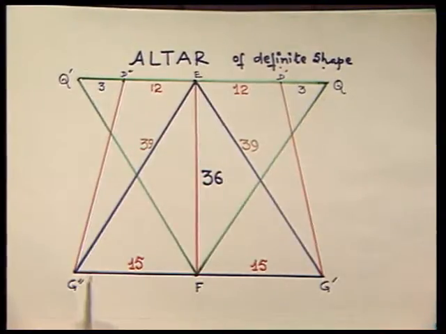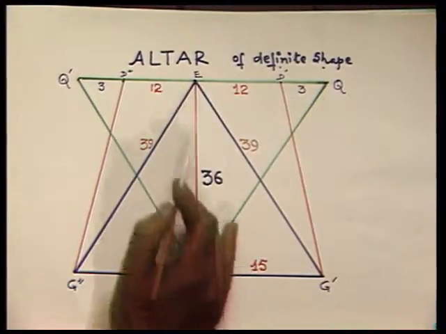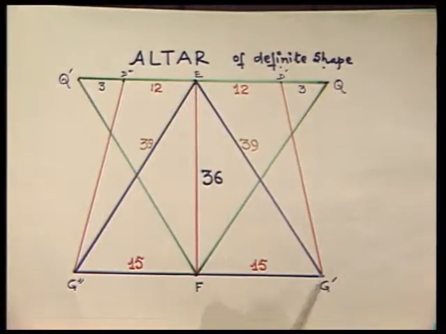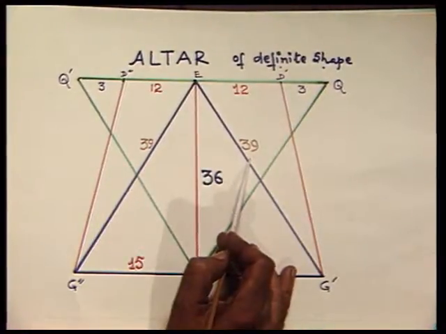Now, if we look at this, the total length G double dash G is 30 units, with the midpoint, that is this is 15 units. The distance between E and F is 36 units, and the distance between E and G dash is 39 units.